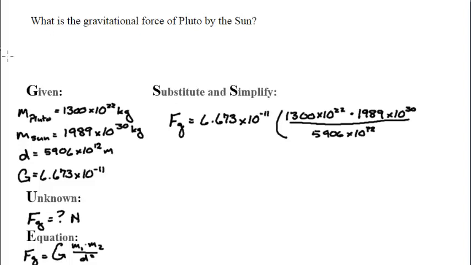But the thing is, I'm going to square it. I'm going to clean this up so we don't get confused. To the 12. But that whole quantity needs to be squared.